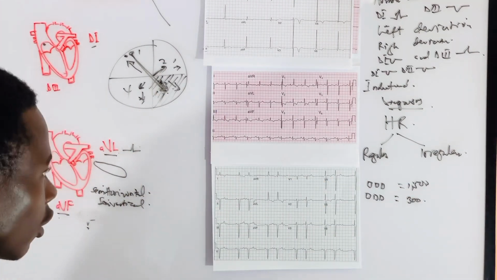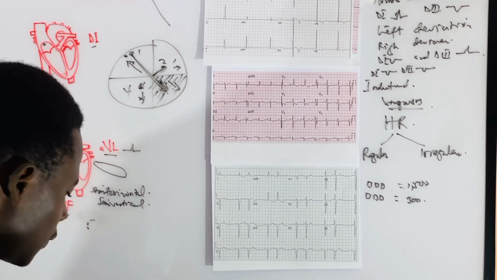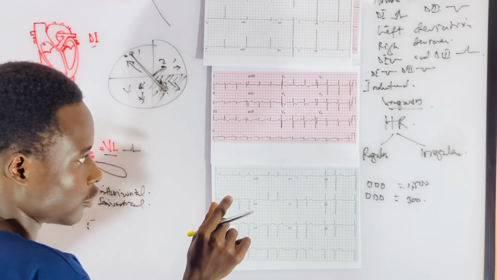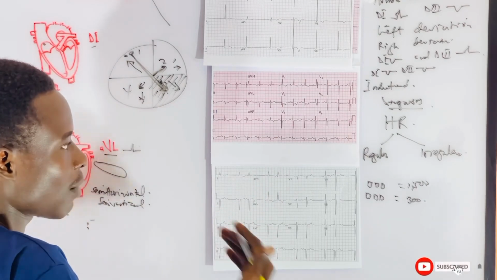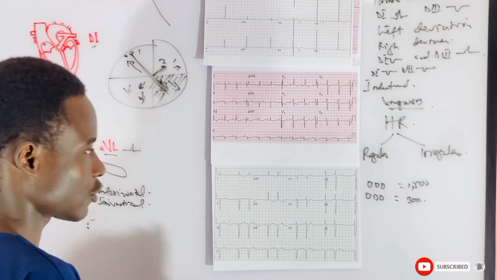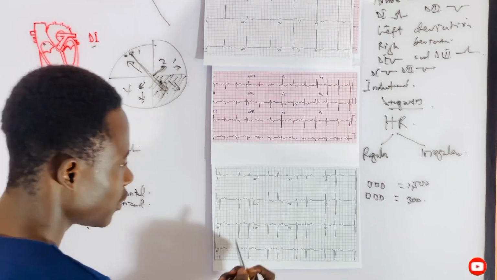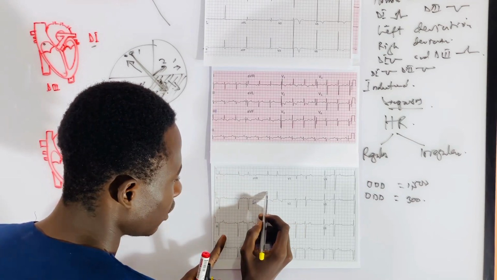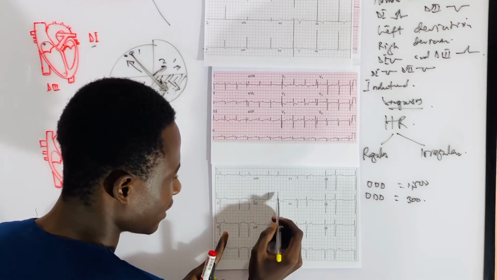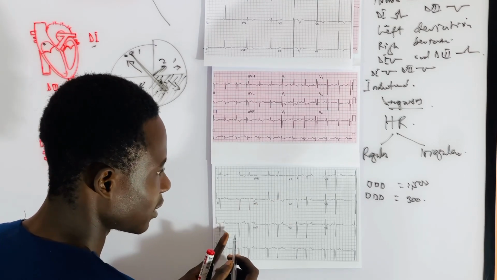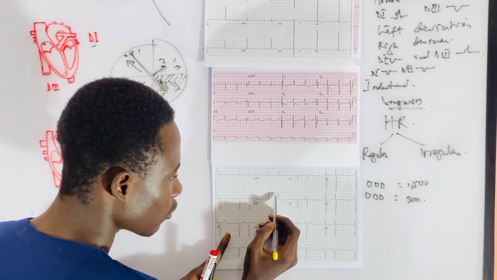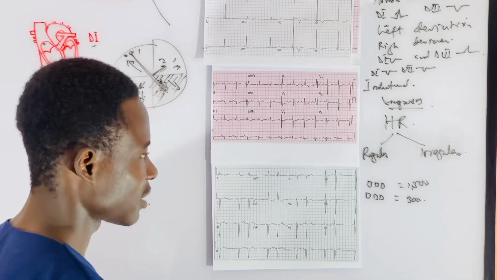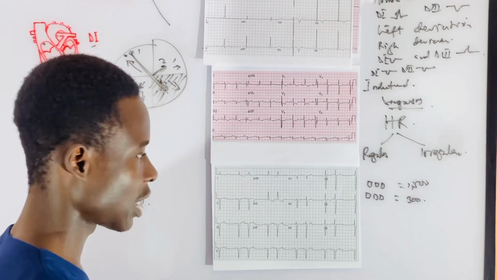Now, for us to know the heart rate, it talks about the time and the number of QRS complexes generated. So between one QRS complex and another QRS complex, we count the time over there to give us the heart rate that we are talking about. Are you clear with it?